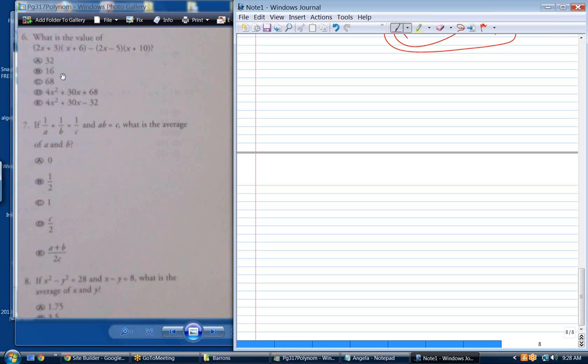Clearly all the x's have to disappear, right? Yes. Since I've eliminated D and E, I can't have any x's either, so I only have to worry about the numbers. The numbers are 18 minus a minus 50, 68.